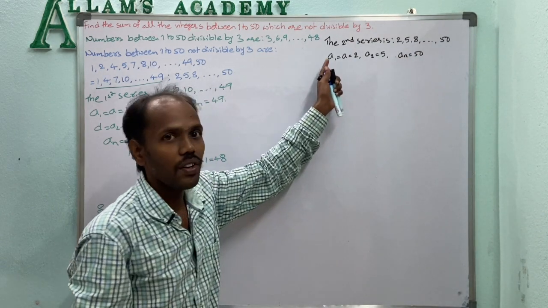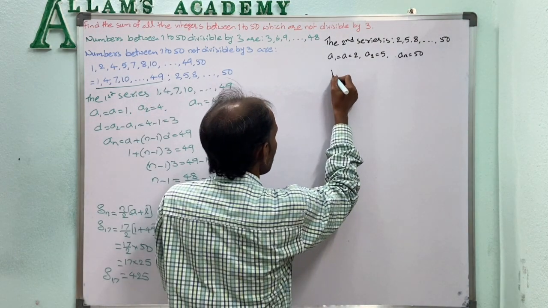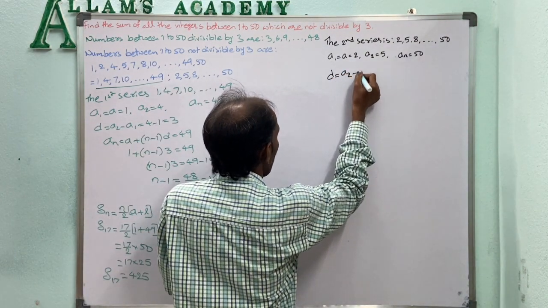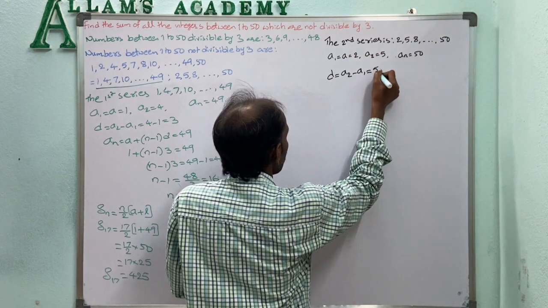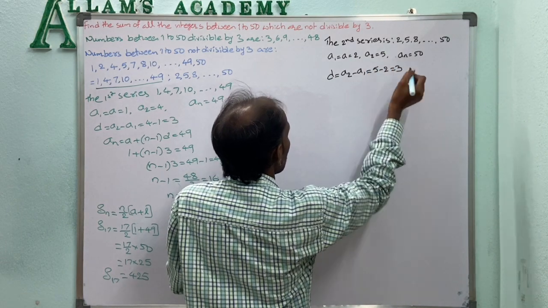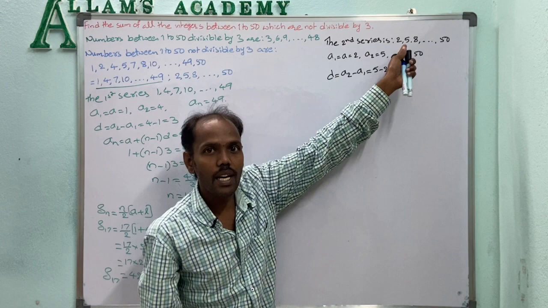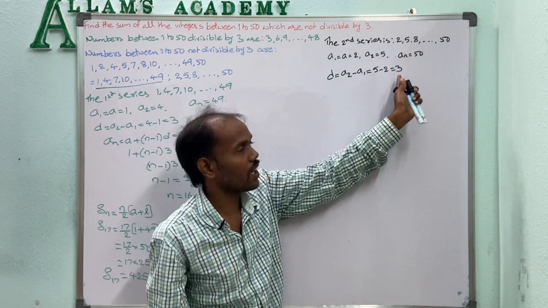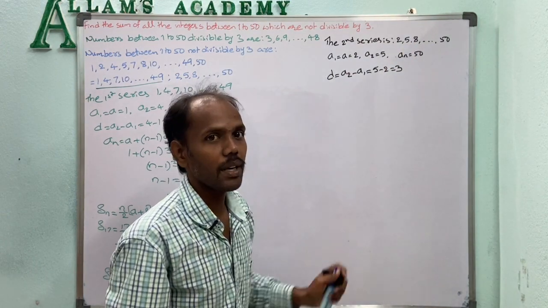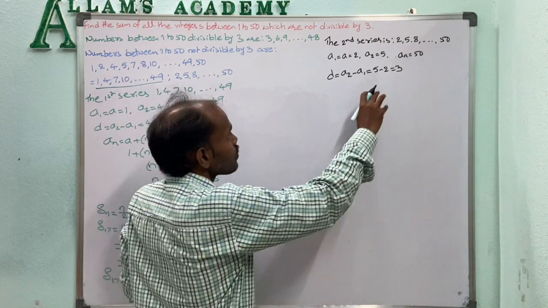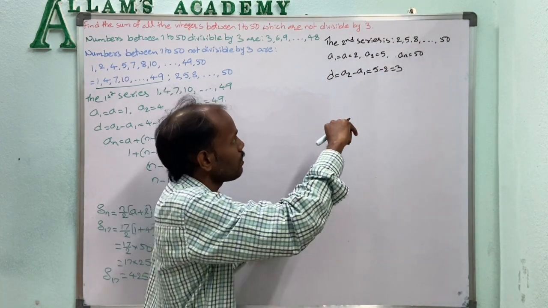Now the common difference d is equal to a2 minus a1, that is 5 minus 2 equal to 3. Subtracting the next two terms, 8 minus 5, is also 3. So the same common difference comes, so it forms an arithmetic progression.